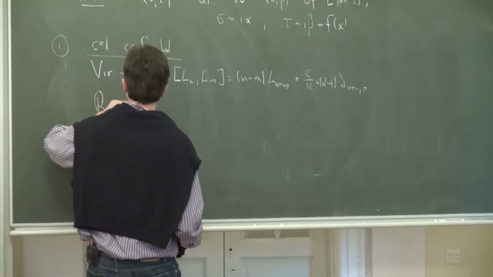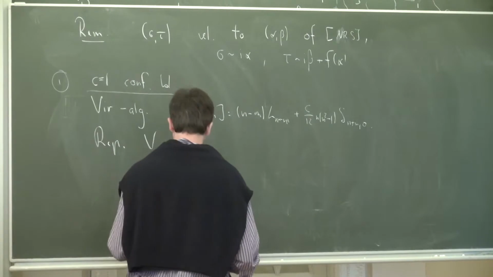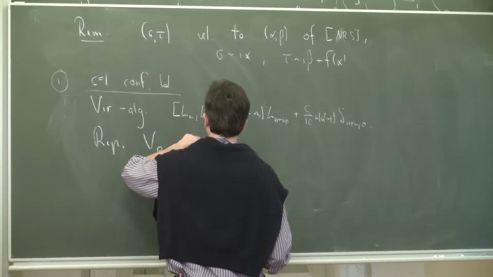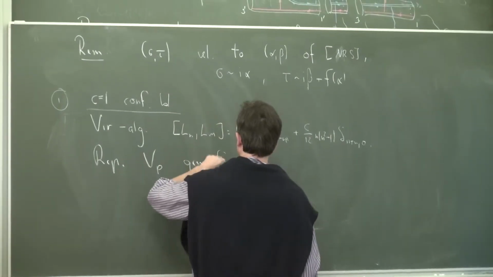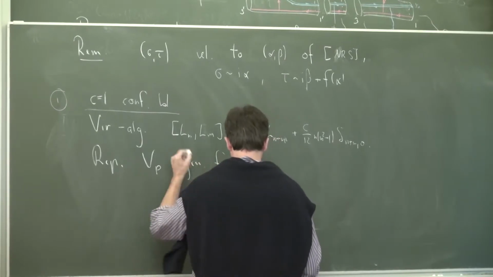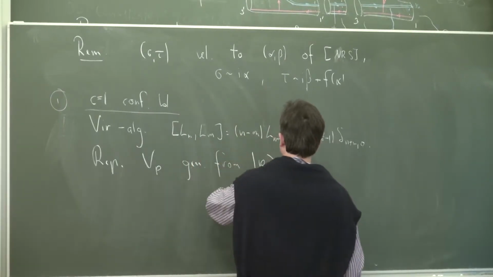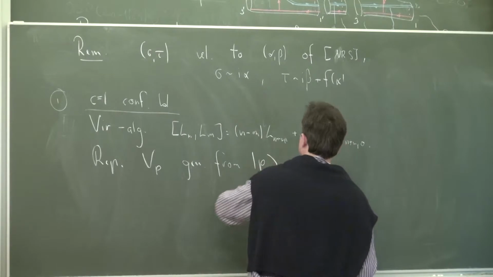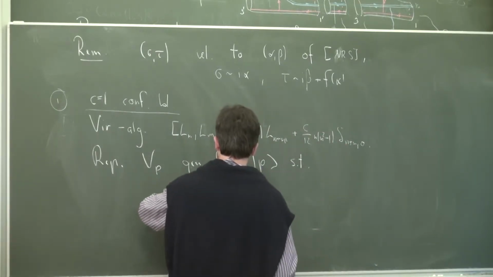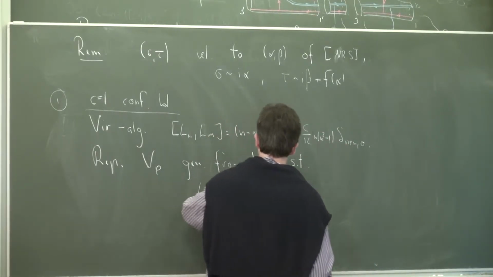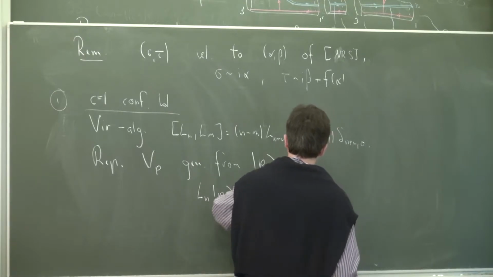And the representations we're going to consider are denoted VP, Verma modules generated from highest weight vectors P, which satisfy Ln P is 0 for n bigger than 0.